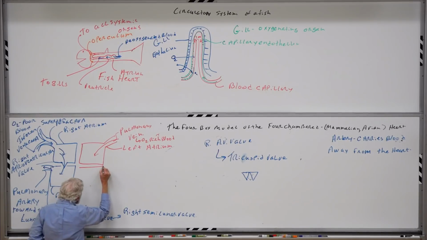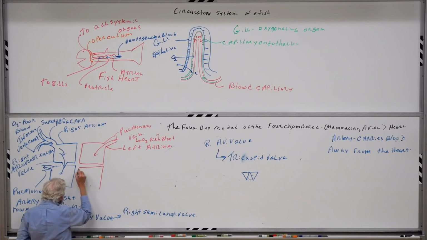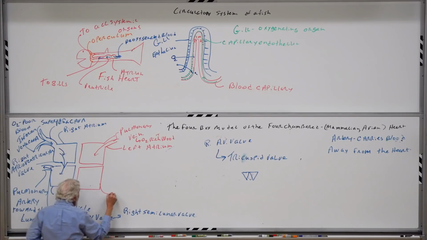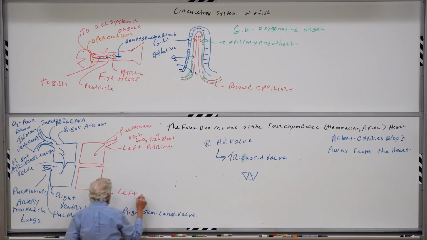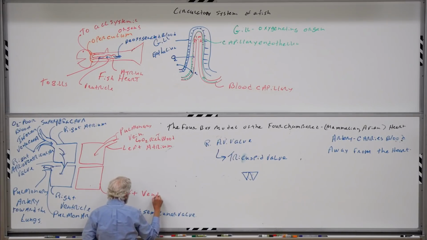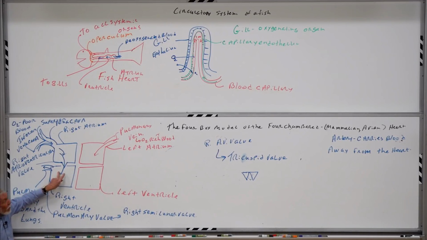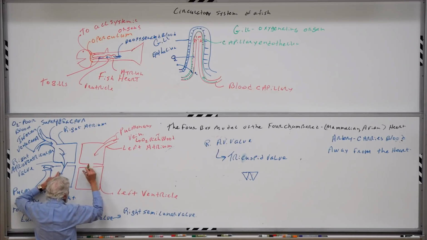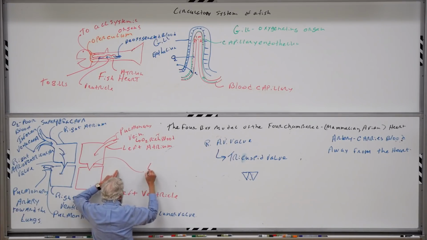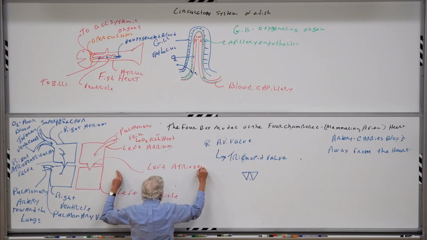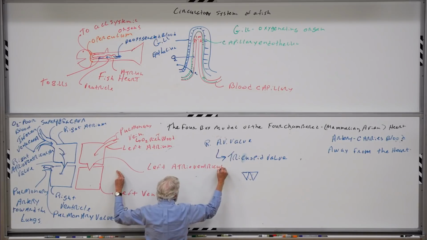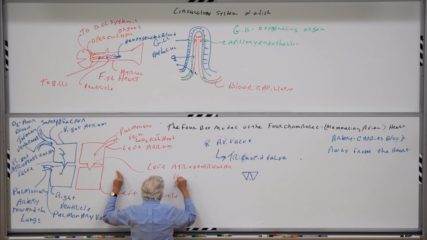Right beneath the room we call the atrium is this structure, which we name the left ventricle. Just as we saw on this side, there is an atrioventricular valve. So we can label this as the left atrioventricular valve.